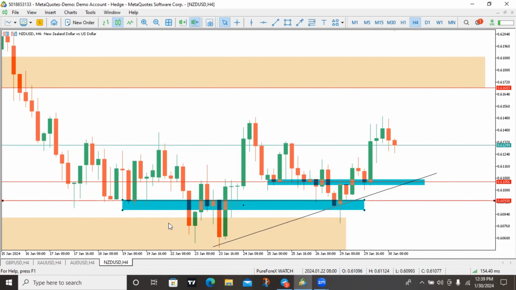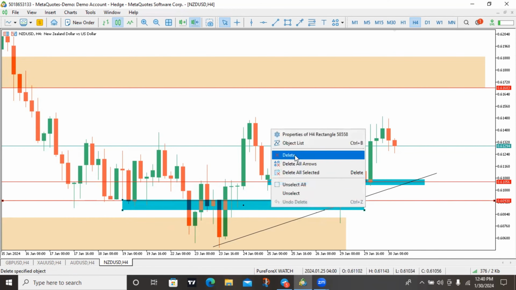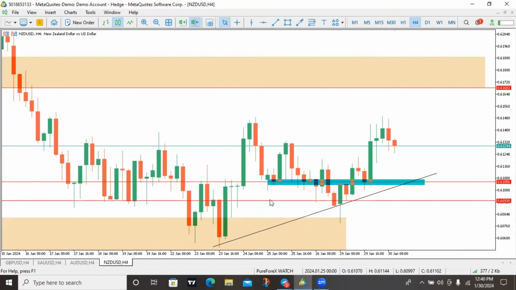Also, most times QMC happens after a trend reversal, because most times price will reverse and will not give us a QM arrow. But as the price changes from one direction to another, the price may give us a QMC. But in this example, price first of all gave us a QM arrow, which is this one that we just marked. So we're going to delete it because the QM arrow has already played, right?